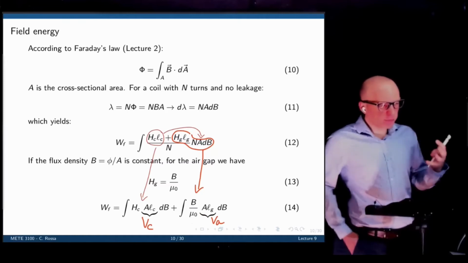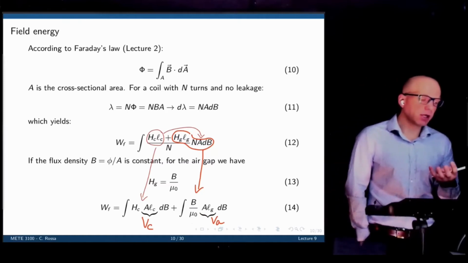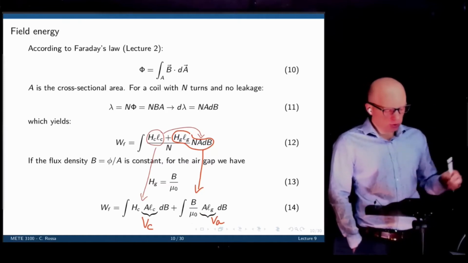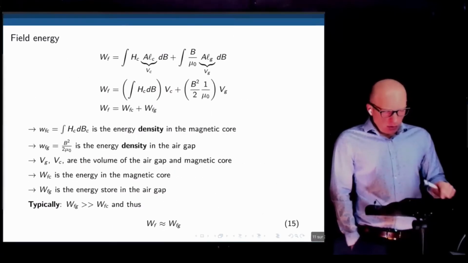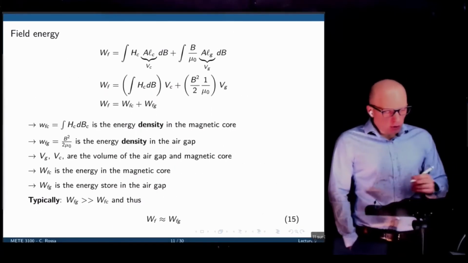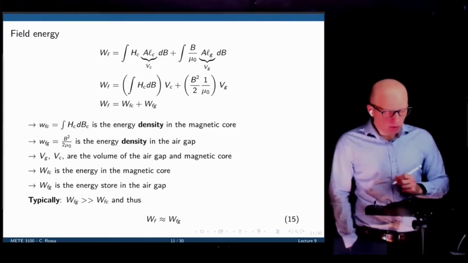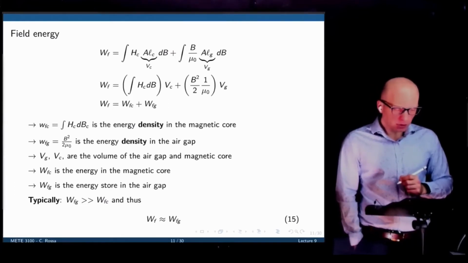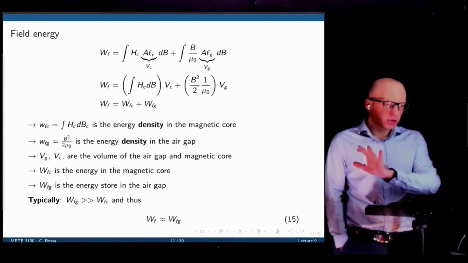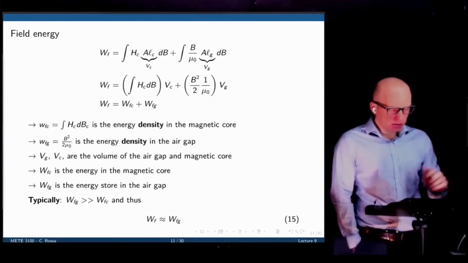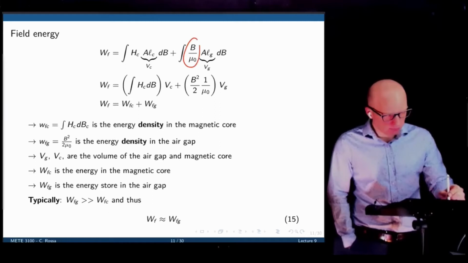All right, so now the field energy depends on the intensity of the magnetic field and on the volume of each part. So now we can continue. If you call this volume for the core Vc, we are left with integral of H dB times Vc. That's the energy stored in the core, plus, now the integral here is relatively easy to calculate.